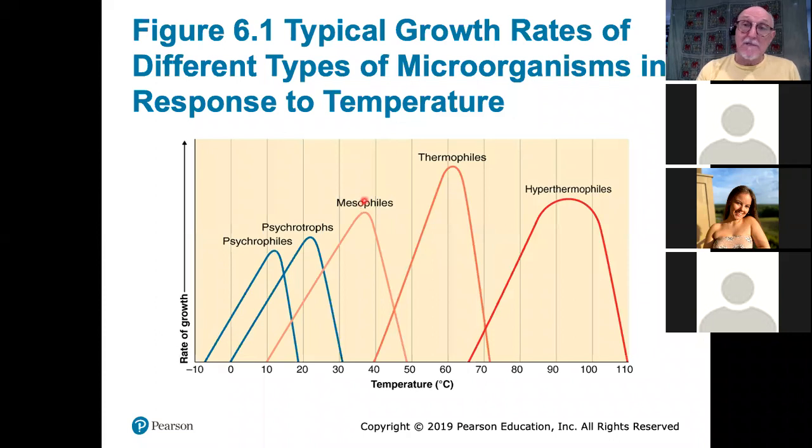So their optimum is around about 37. Their minimum around about 10 degrees Celsius, and their maximum right up here around 48. So they actually have quite a wide range of temperatures, but their preferred temperature is around about 37. That is their optimum. These we call mesophiles.